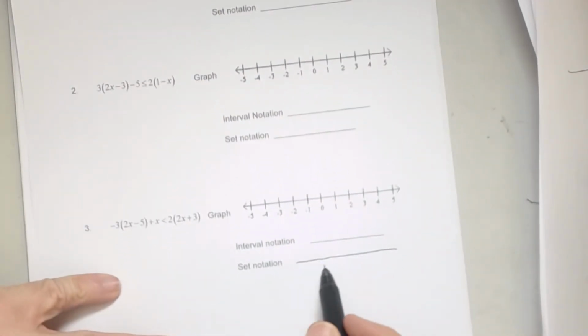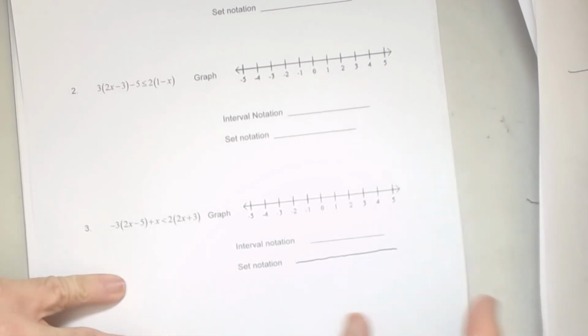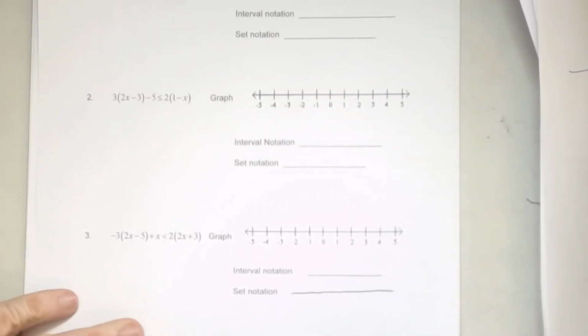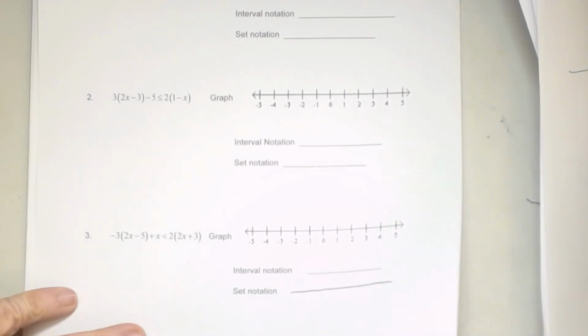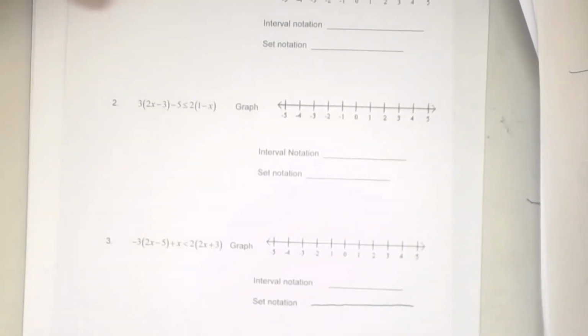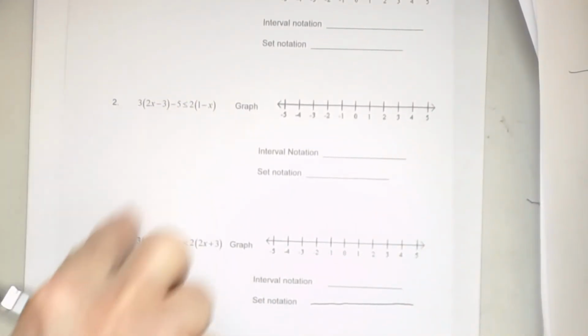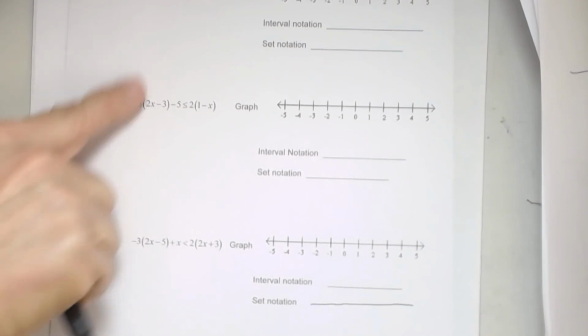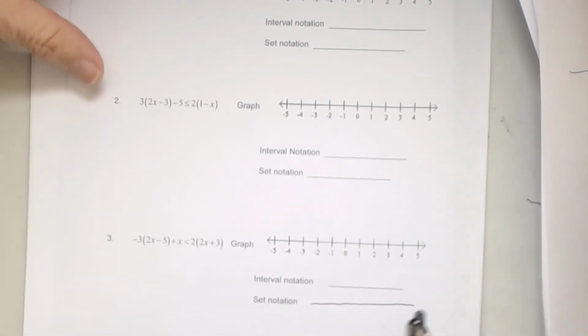Oops, sorry, I forgot to put a blank. All right, so interval notation, set notation. I didn't ask for inequality notation because you get it here, right? Solving for x gives you the inequality notation. Okay, so that's part D.